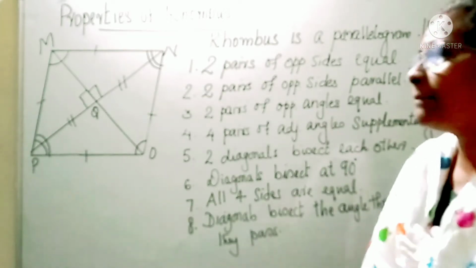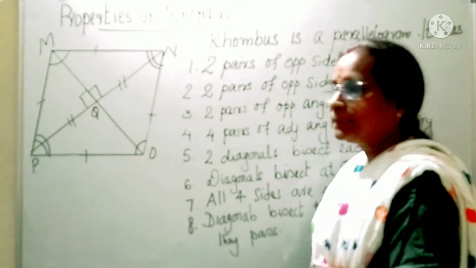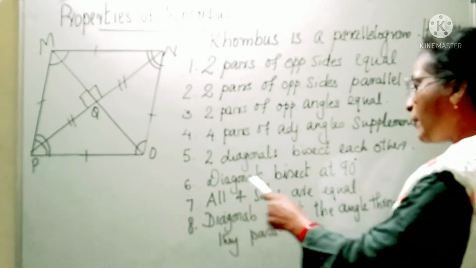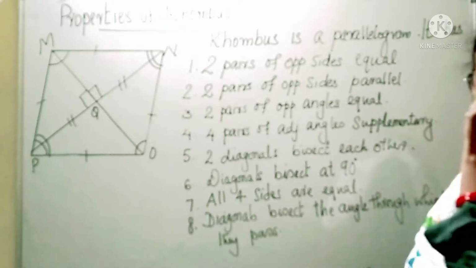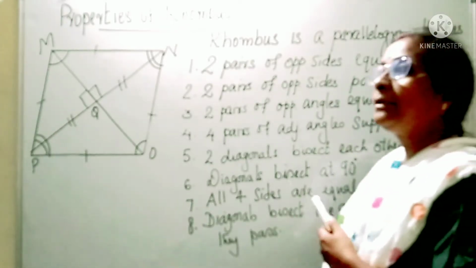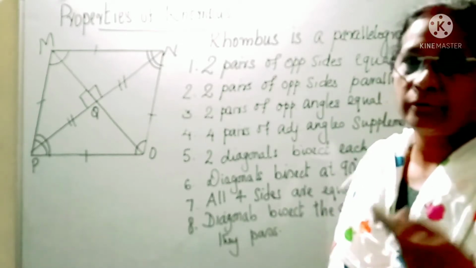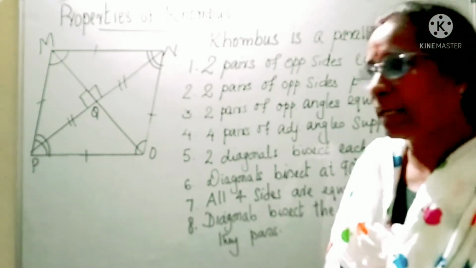Now what is special about this rhombus? Let us see. First difference is the diagonals bisect at 90 degrees. In all other parallelograms they bisect, we know, but at which angle is not decided. It can be at any angle.